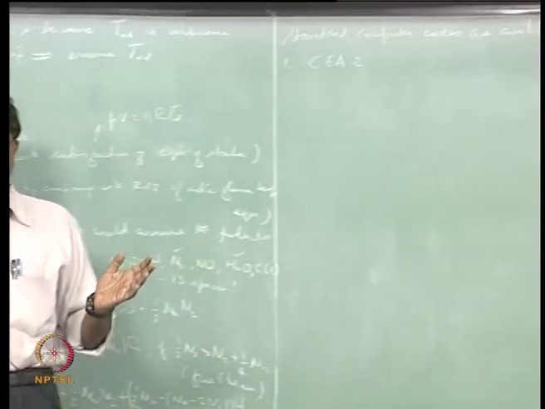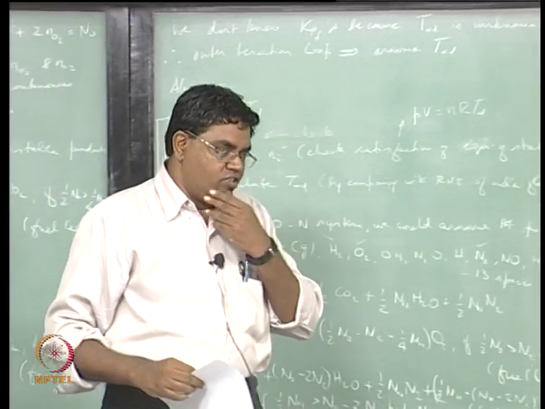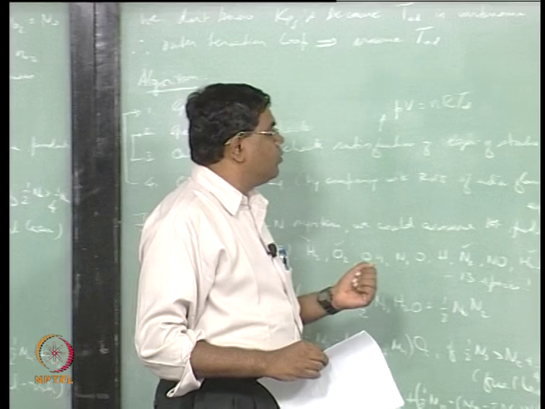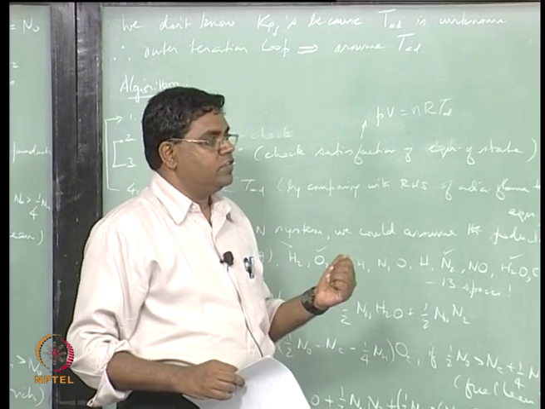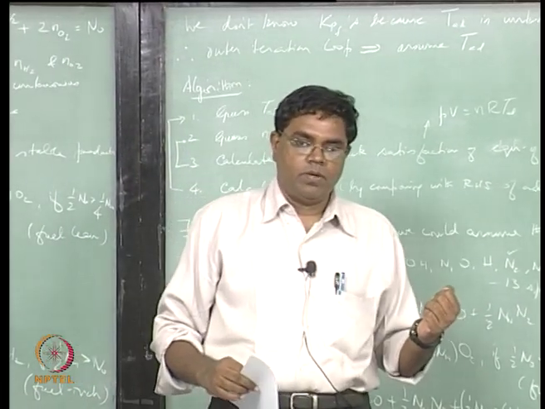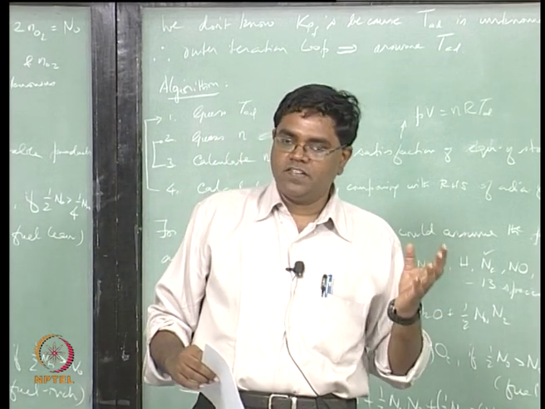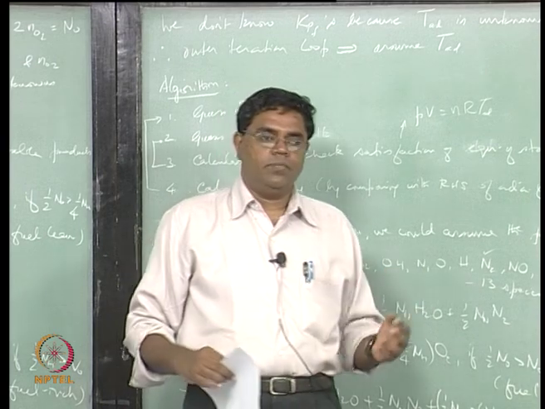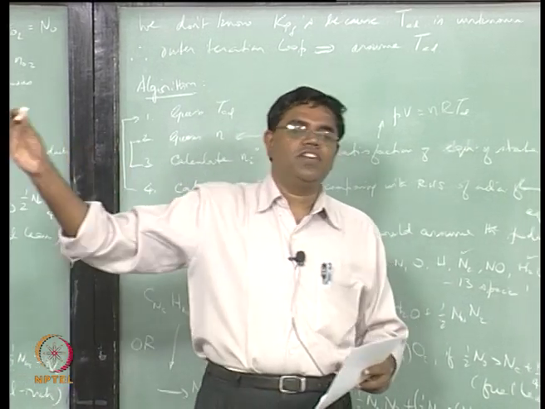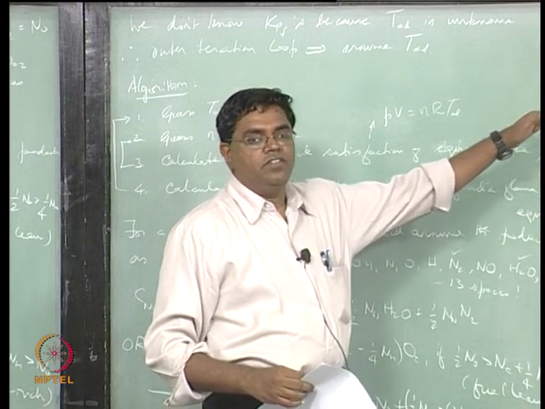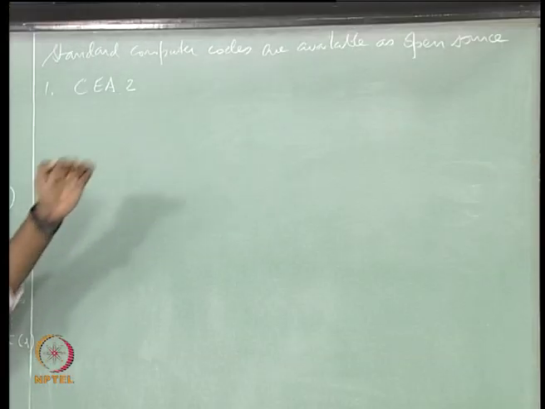The precursor to that was the CEC71, which came up in 1971, and it was published in this special publication called NASA SP 273. So many times people refer to NASA SP 273 calculations. So essentially they are talking about the latest derivative of this, which is the CEA2.